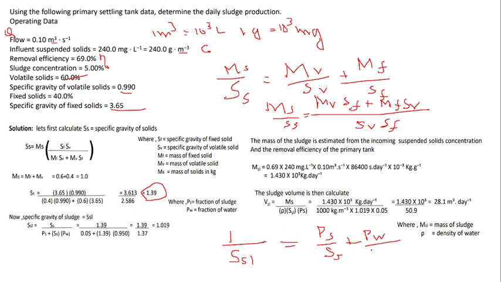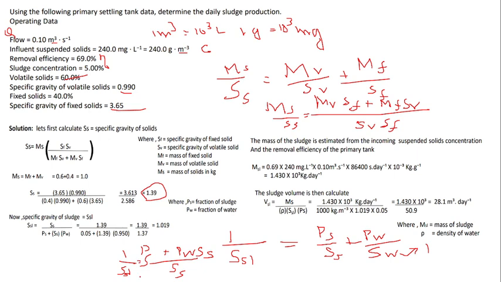So the fraction of water is divided by the specific gravity of water. Here we know that specific gravity of water is 1, so this is kept as 1. Now just cross multiply it. You will obtain Ps plus Pw into Ss, because Sw is 1. So 1 into Ps is Ps plus Pw into Ss, whole divided by 1 into Ss, which is Ss. This is for 1 by specific gravity of sludge.